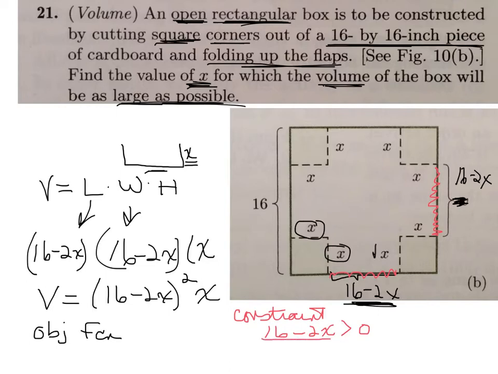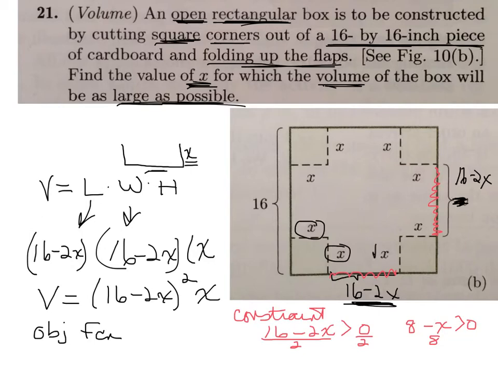Let's reduce this. If I divide that by 2, then I know that 8 minus x has to be greater than 0. Adding x to both sides, I know that my x will have to be less than 8.